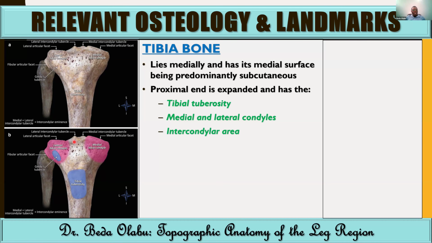The intercondylar area is that zone between the medial and the lateral condyle, and in that intercondylar area, we do have an elevated region that we call the intercondylar eminence, together with the anterior and the posterior intercondylar areas. And on the eminence, we have some projections that we call the tubercles.